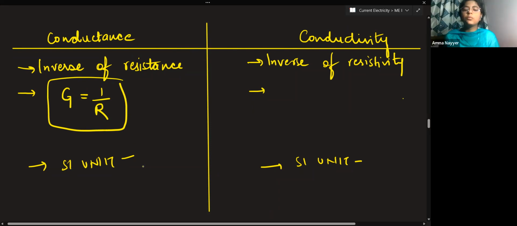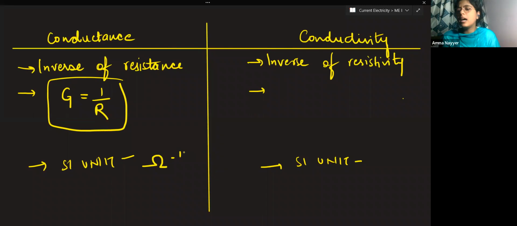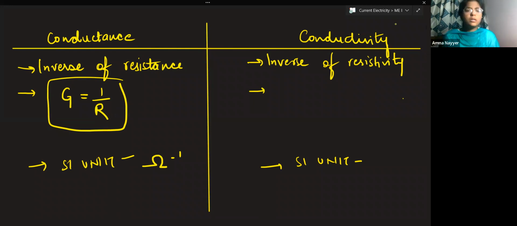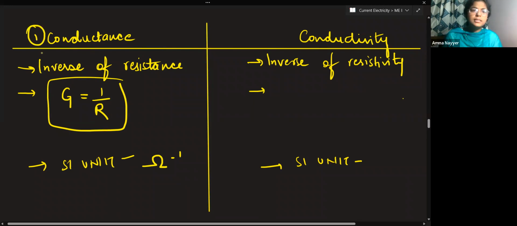That becomes ohm inverse. These are very short questions, usually rarely asked, or asked for 1 or 2 marks. So just keep in mind the four terms. The first is conductance, the second is conductivity.